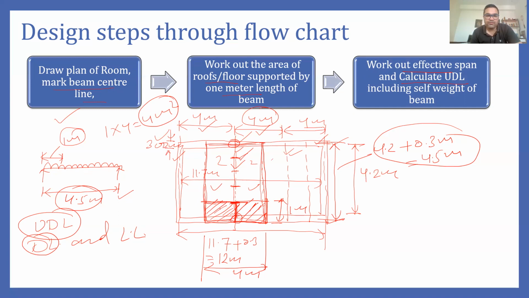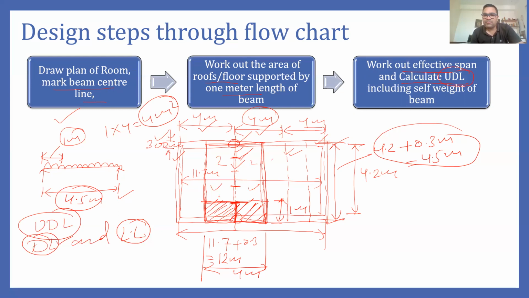That roof covering will come under the domain of dead load because it is a permanent load. And the live load is already given in our problem, which is 1.5 kilonewton per meter square. So all these things are already given in our problem, and with the help of that, we can calculate the UDL.